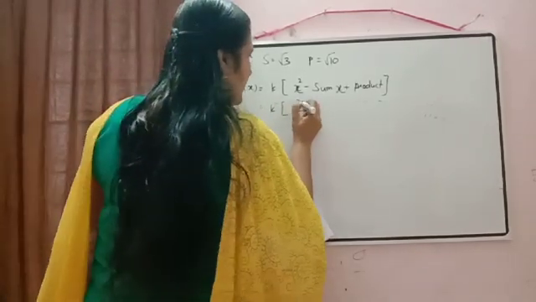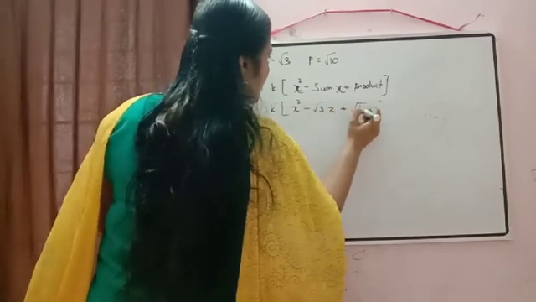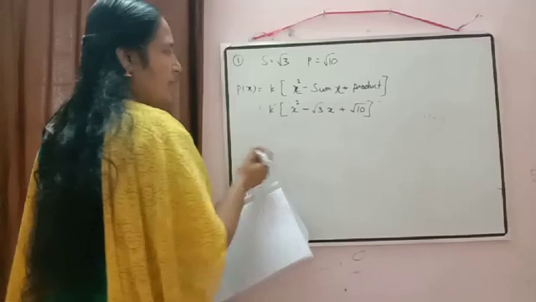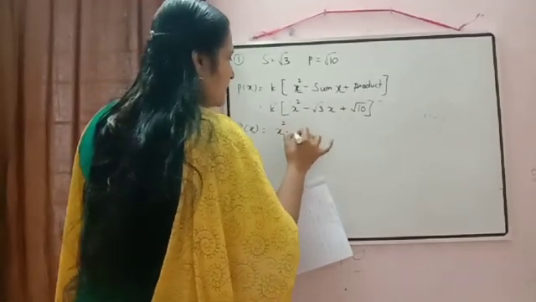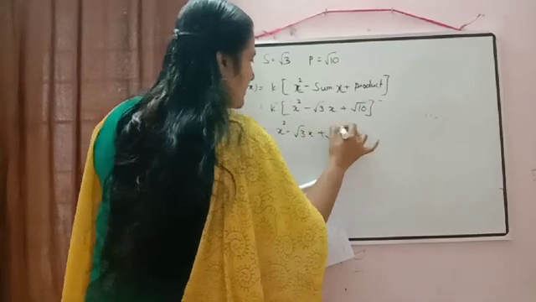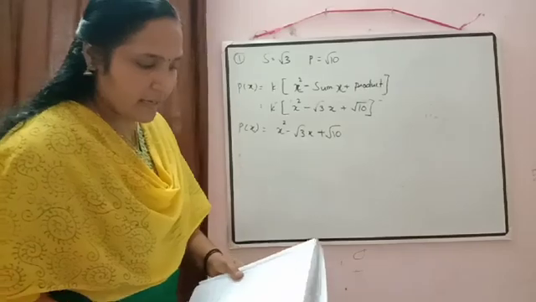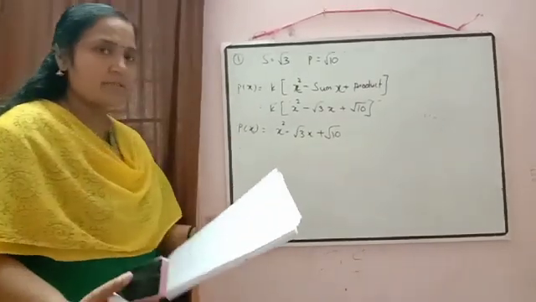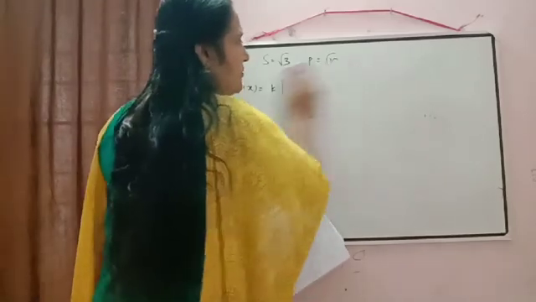Then we will get x square minus root 3x plus root 10. And you can take k is equal to 1. Then our polynomial will be x square minus root 3x plus root 10. So I hope this concept is clear: when sum of the zeros and product of the zeros are given, how to frame the polynomial?